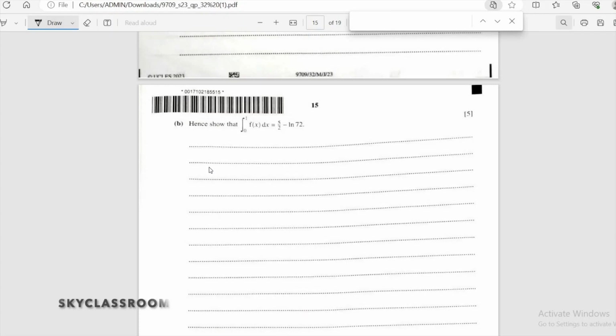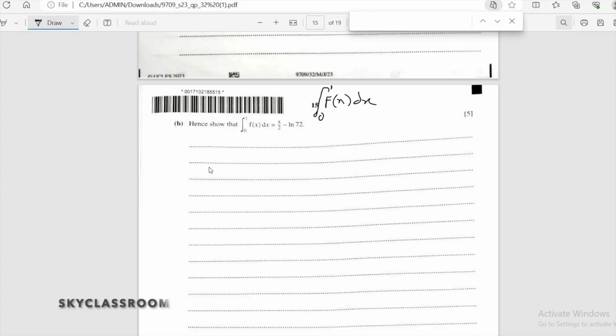So we have to integrate it now. So the question is to integrate function of x dx with upper limit 1 and lower limit 0, and we must get this answer.